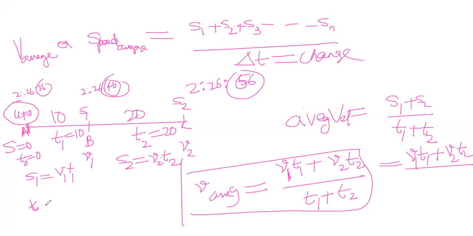S1 by V1. From this formula, what is T2? S2 by V2. That's it. Simply substitute it here: S1 by V1 plus S2 by V2. Understood?